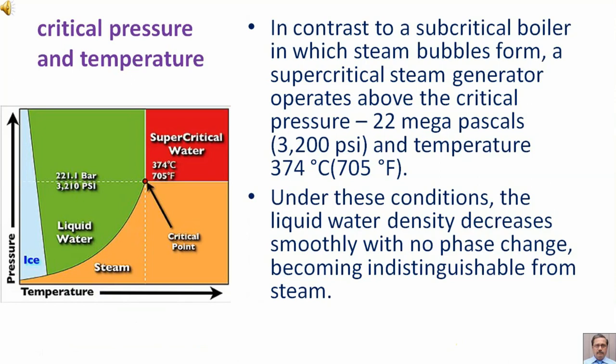In contrast to a subcritical boiler in which steam bubbles form, a supercritical steam generator operates above the critical pressure, 22 megapascals, that is 3200 psi, and temperature, 374 degrees centigrade, that is 705 degrees Fahrenheit.